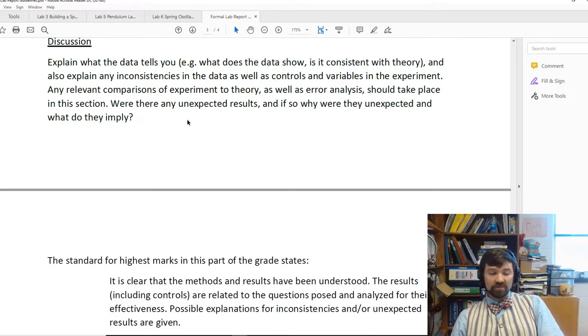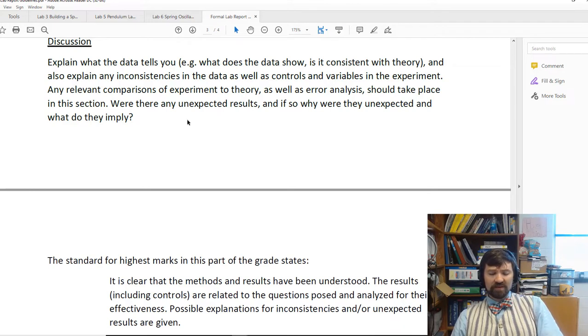In other words, if you said, when I double the spring constant, the period will also double, then you should be able to point back to your data and show that, yes, when I've doubled my spring constant, the period did in fact double.